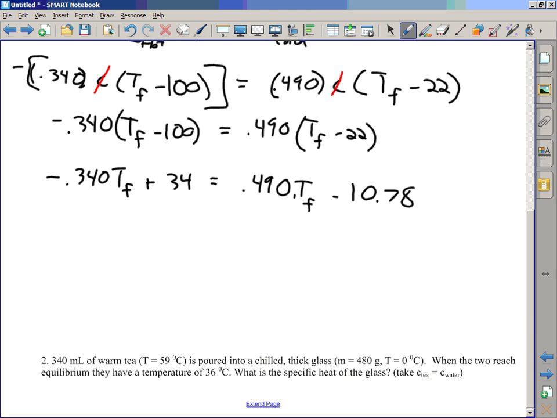All right, now I need to group like terms. Okay. So I'm going to bring the 10.78 over to the other side. That will give me 44.78 equals, and I'm going to move this guy to the other side, 490 TF plus 0.340 TF. Then divide.